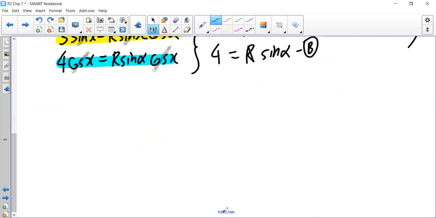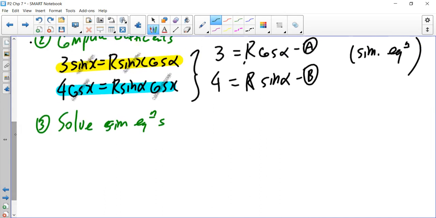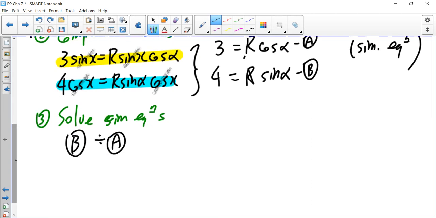So step 3, solve the simultaneous equations. How? First of all, sine alpha and cos alpha look like they can make a tan alpha. So if we want to make tan alpha, I need sine on top. So I'll do equation B divided by equation A. Equation B, left-hand side is 4. Equation A, left-hand side is 3.